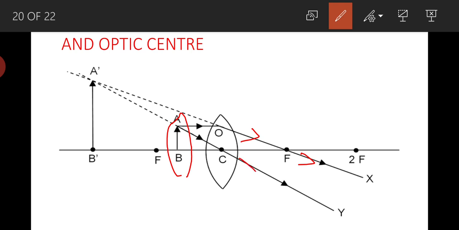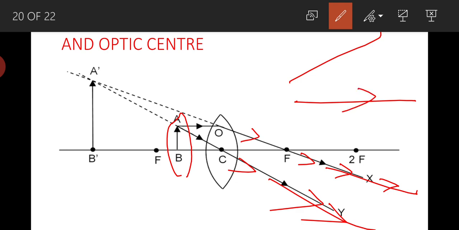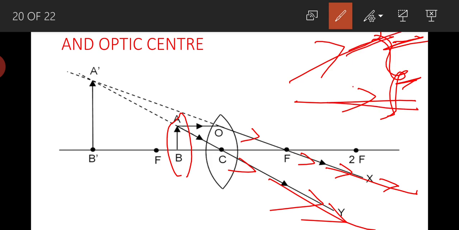Another is the light ray going through the optic center, which moves straight without any deviation. If you observe, these two light rays are diverging from each other. It means on this side there is no chance for them to meet, because they are diverging. Whereas if you extend them backwards, there is a chance for them to meet.